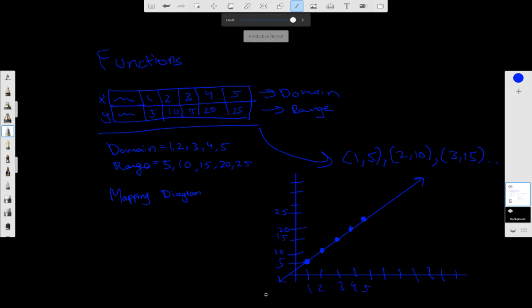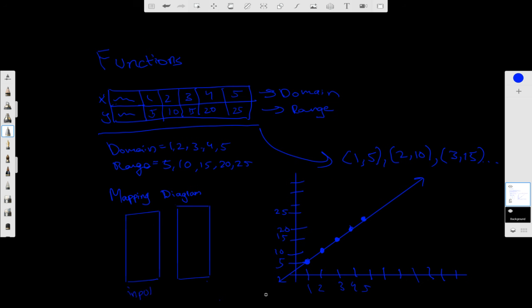I'm going to make one line right there, pretty straight. That, and that. Not the best, but it'll work. So we got our mapping diagram here. And remember, 1 is the input, and the other is the output. So we got input and we got output.